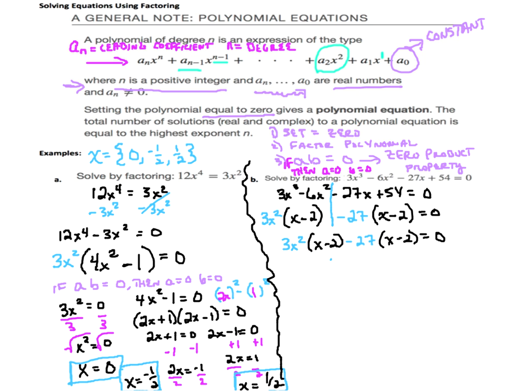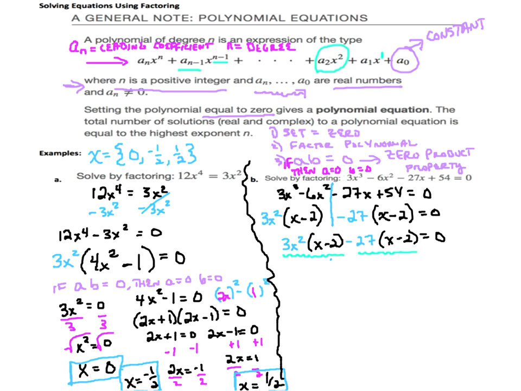Okay, so what I'm left with, and this will always happen when you use grouping, is what I call a big binomial. A binomial is a 2-termed polynomial. I have 1 term here, and then I have 1 term here. They're just made up of nasty-looking factors, those terms are.